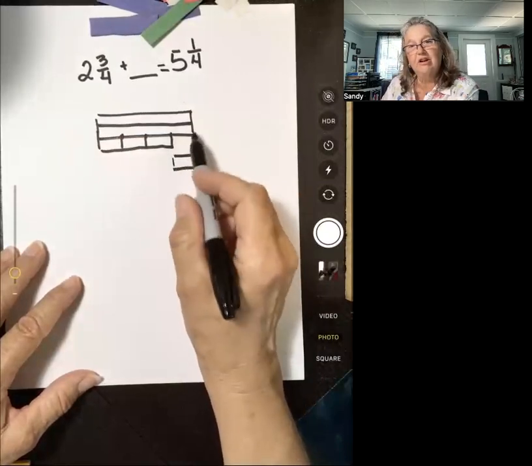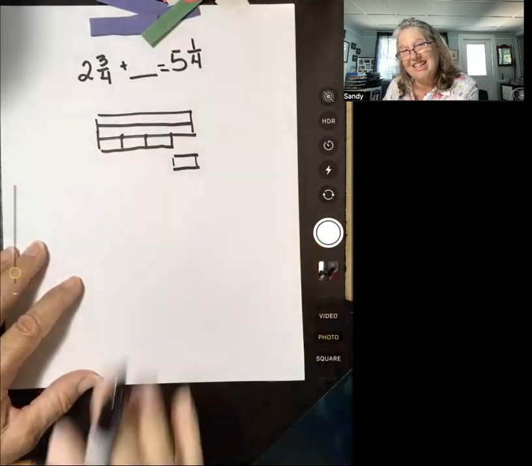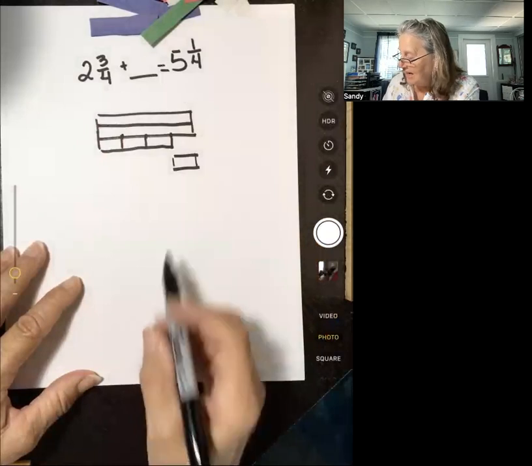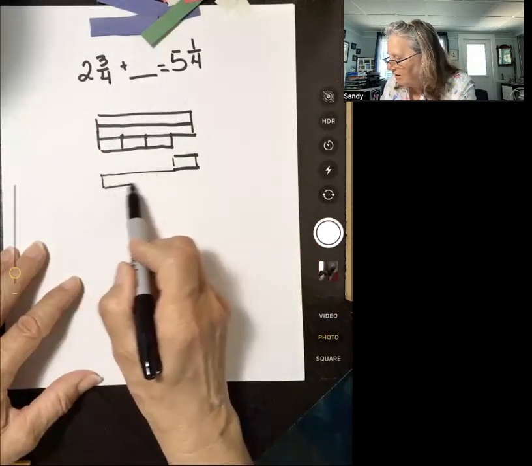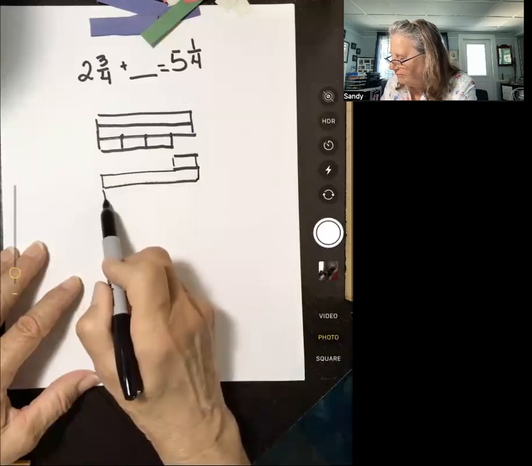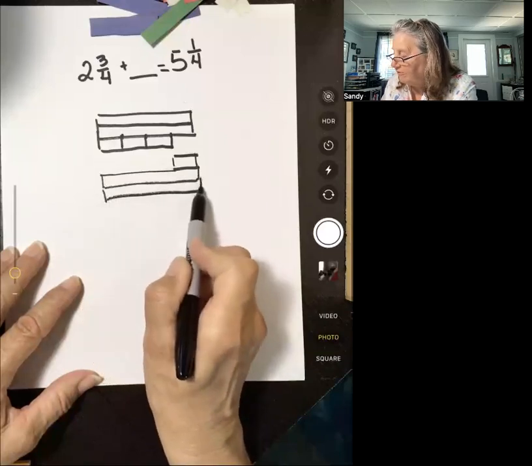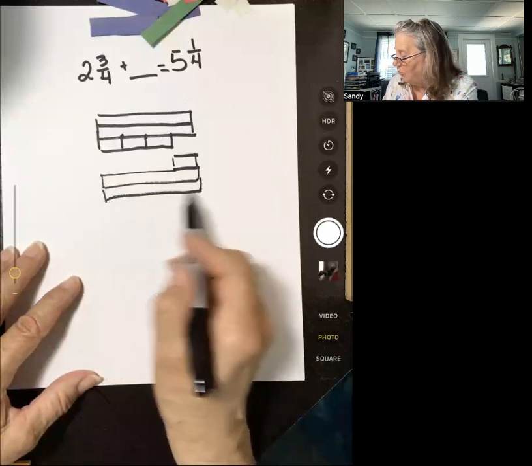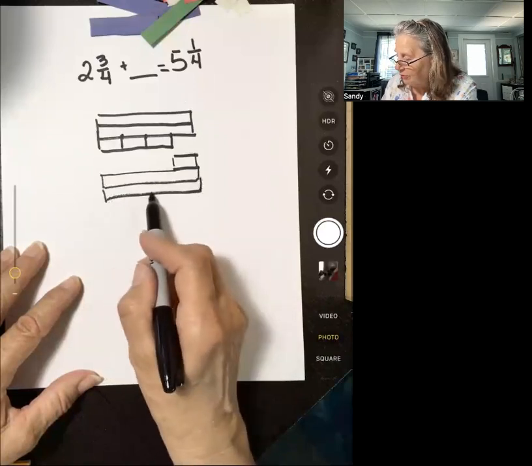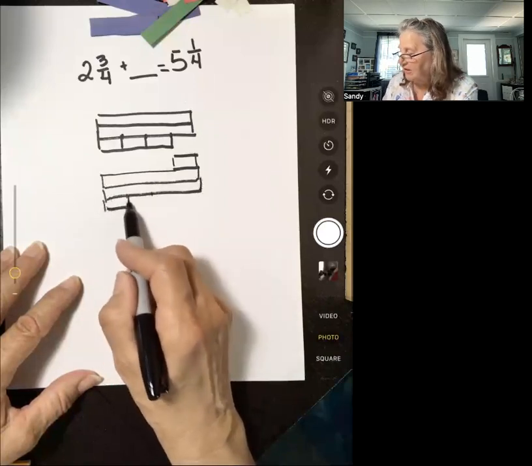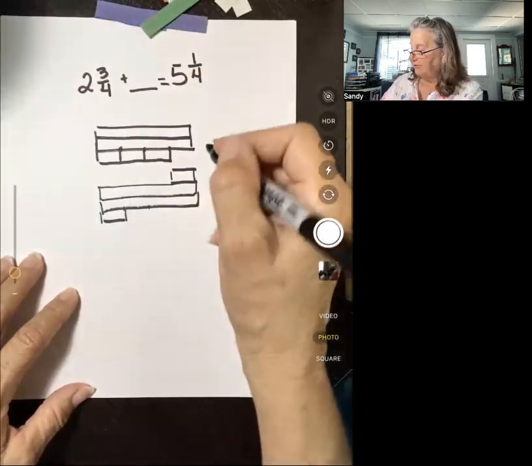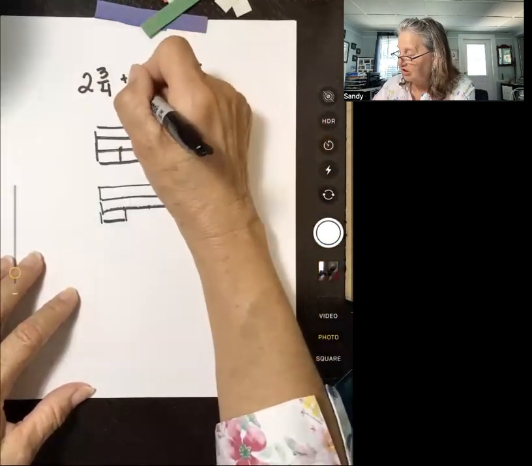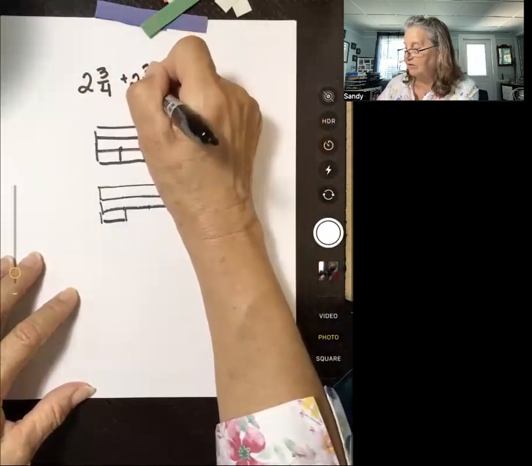That gives me 3 wholes. Can you see that a little better, how it can slide up in? And then I've got 3, 4, 5, and then it won't matter where I draw this other 1/4 piece. So how many more than 2 3/4 is 5 1/4? Oh, well, it's 2 2/4 more.